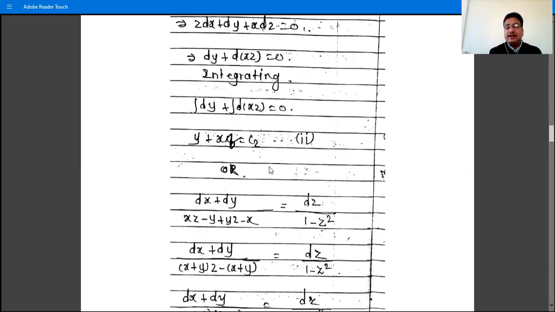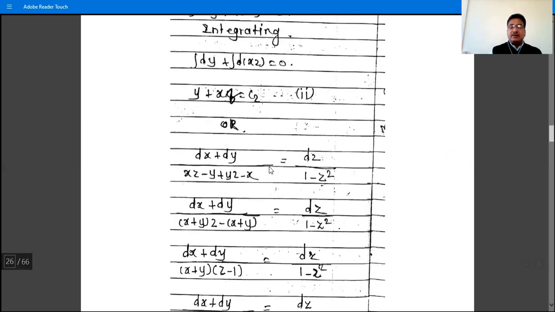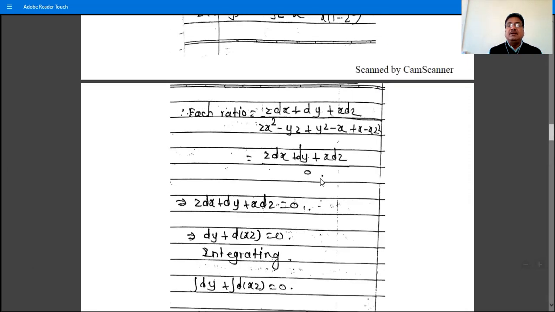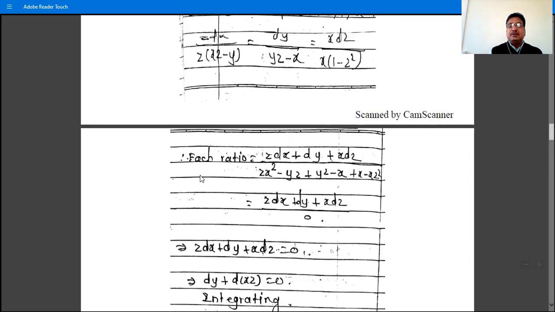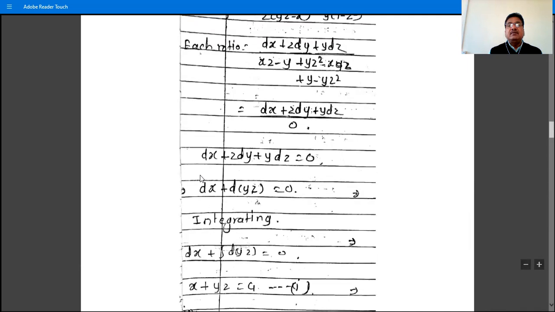We can also find the solution by using the sub method of method number 2, or the third method, that is, choose multipliers 1, 1 and 0, and in the place of each ratio, take dz by this 1 - z². That is, each ratio is equal to, if we choose multipliers, then what is the sentence?